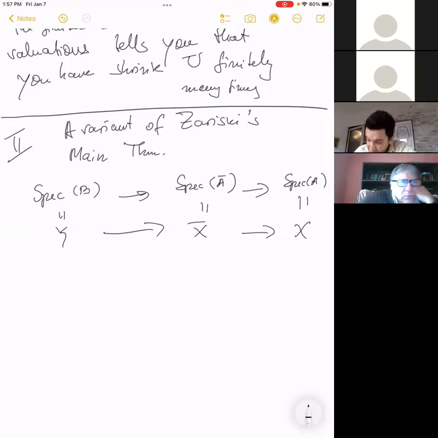So now I can consider this morphism from Y to X bar, and I'll call it G. And I'll assume further that we're in a birational situation, well, slightly more general, that the fraction field of A bar is the same as the fraction field of B.